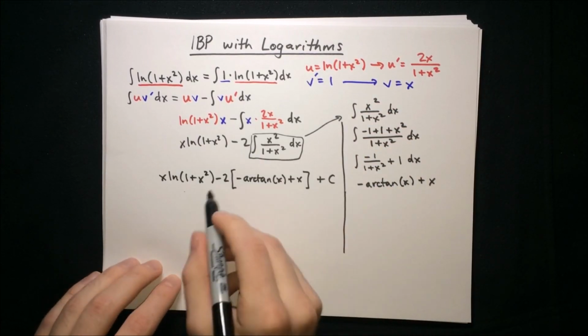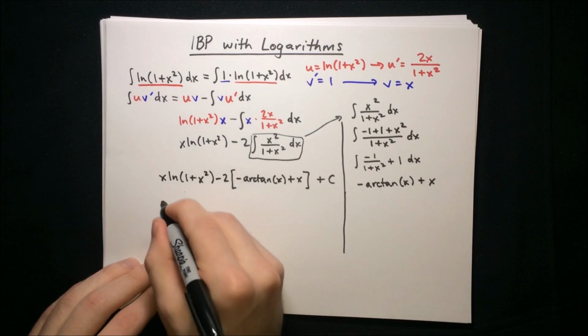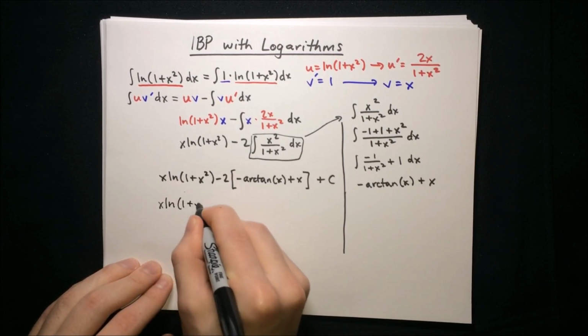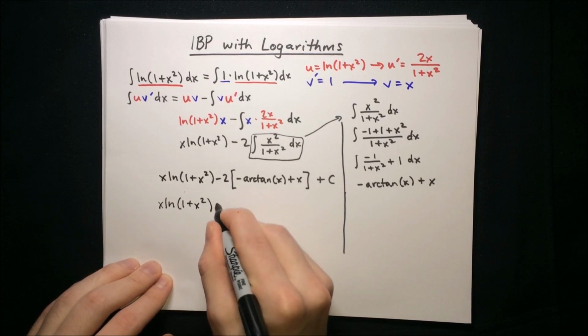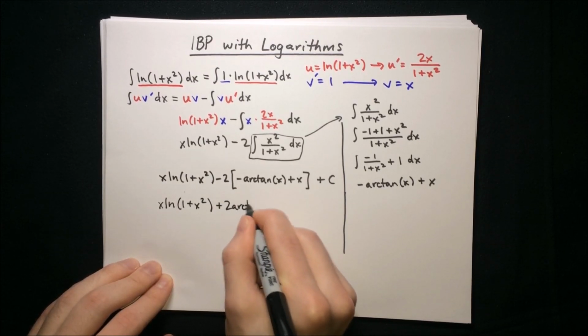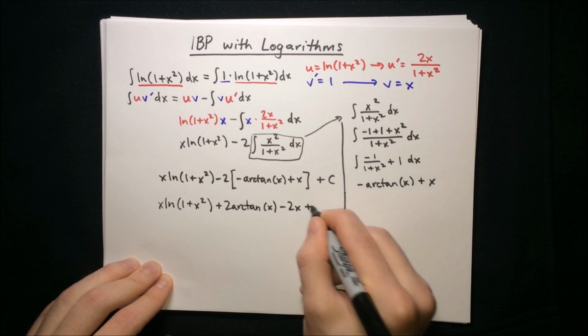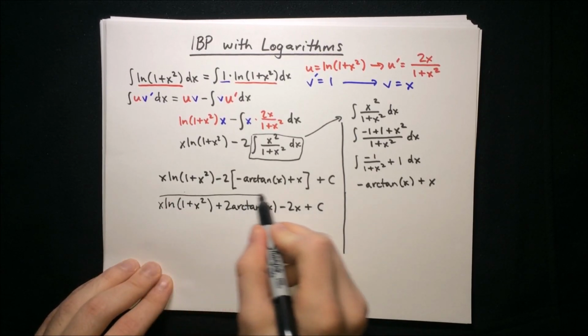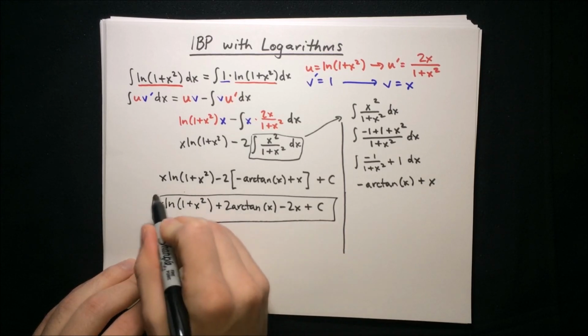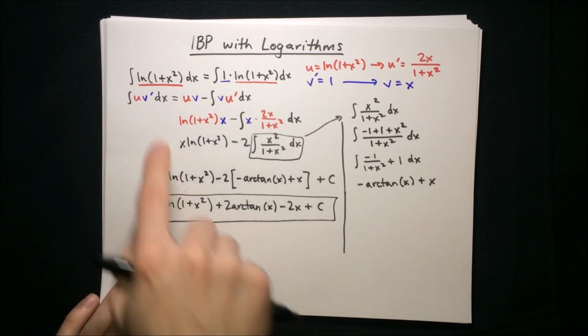Alright, and now we just got to simplify. Let's distribute off this negative 2. So x natural log 1 plus x squared, and then plus 2 arctan x minus 2x plus some constant. And there we go. That's our solution to this integral.